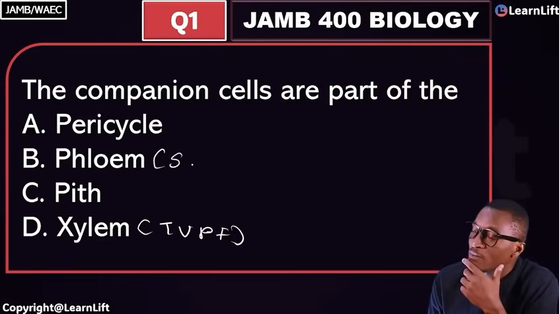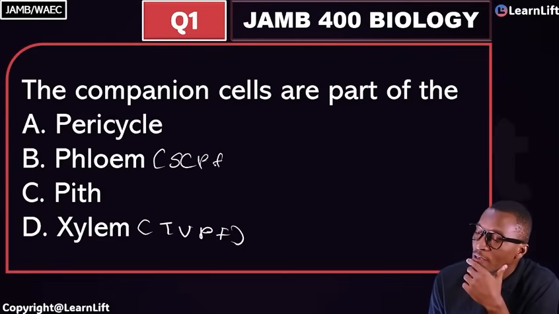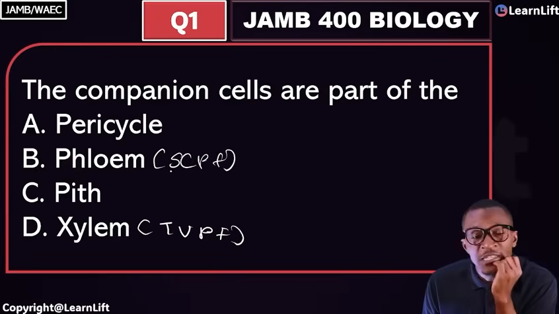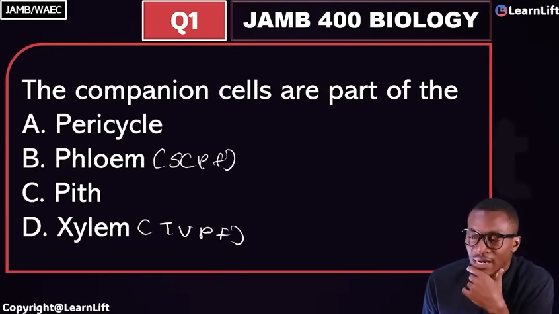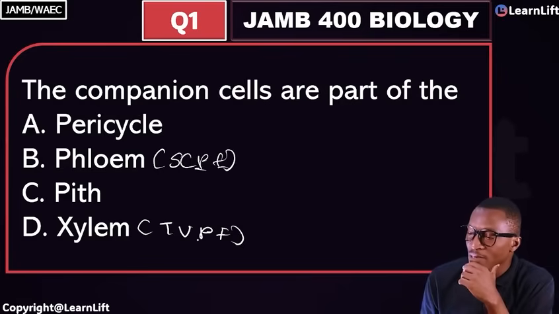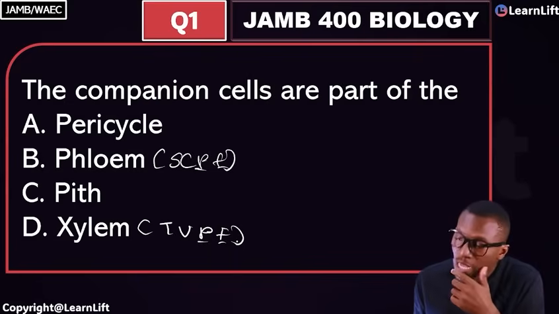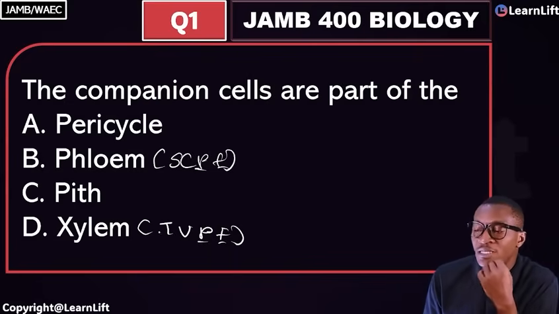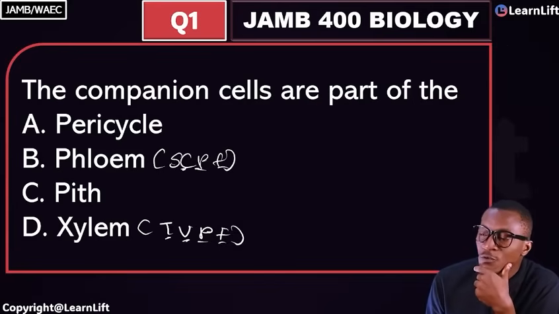It consists of cells I call the SCPF: the sieve tubes, the companion cells, the parenchyma, and the fibers. Both of them have parenchyma and fibers. But for xylem, we have tracheids and vessel elements. For phloem, we have sieve tubes and companion cells.